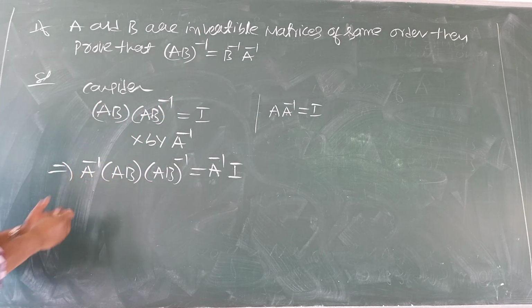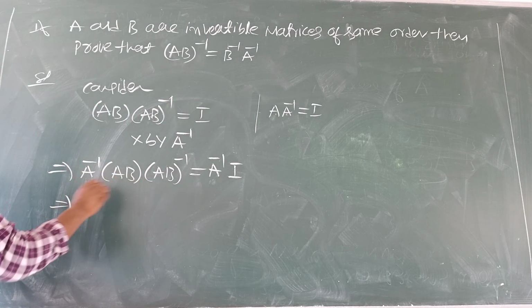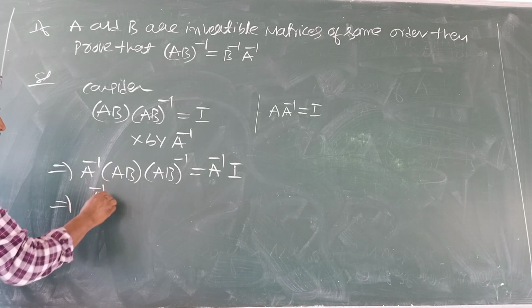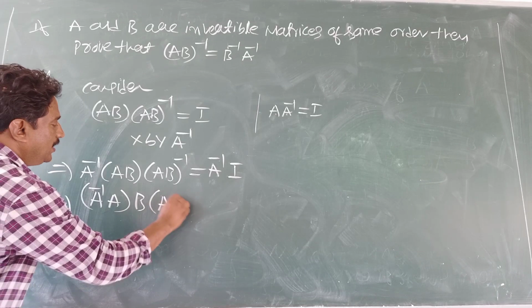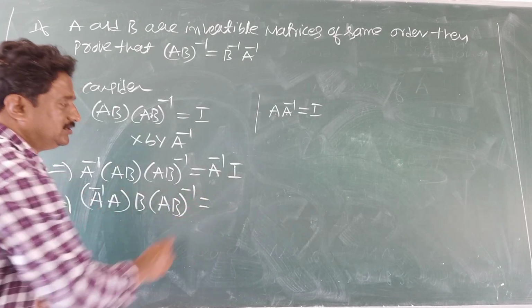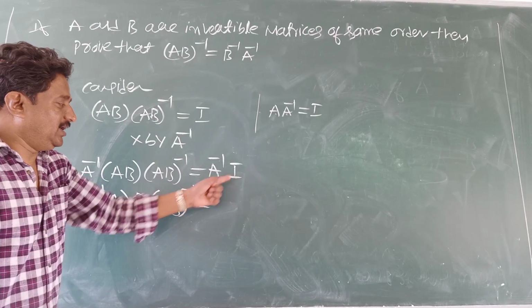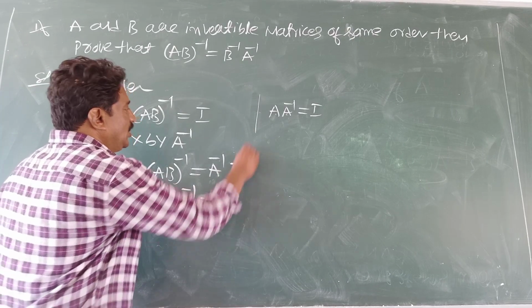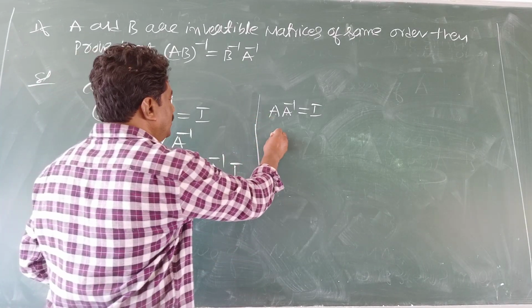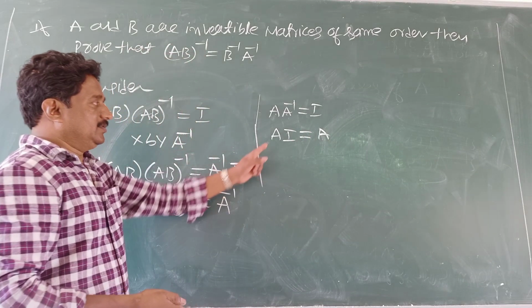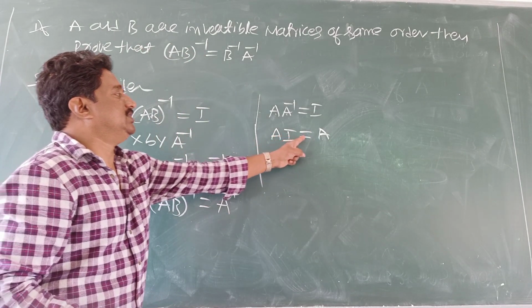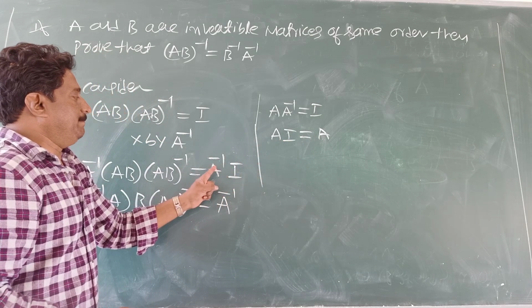Now you change the brackets. A inverse A into B (AB) inverse. What is A inverse into I? A inverse. Because this one also you know very well: A into I is equal to A. Matrix into identity matrix is equal to matrix.